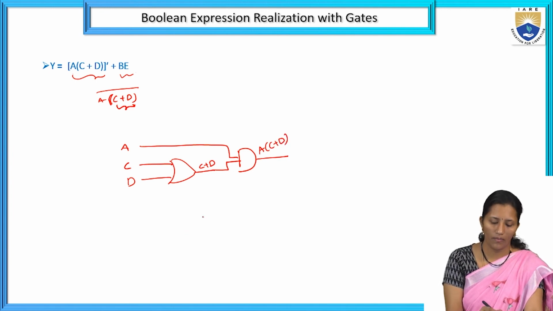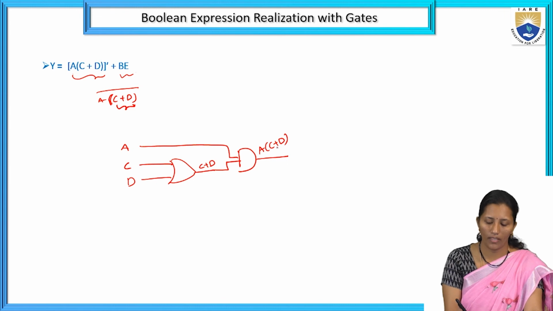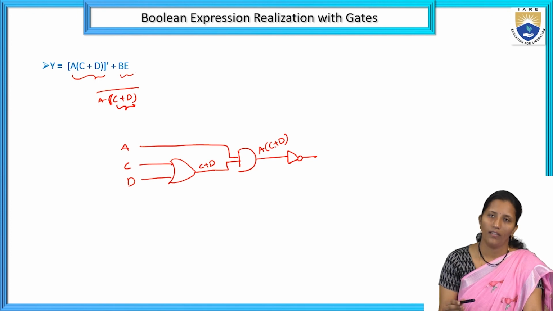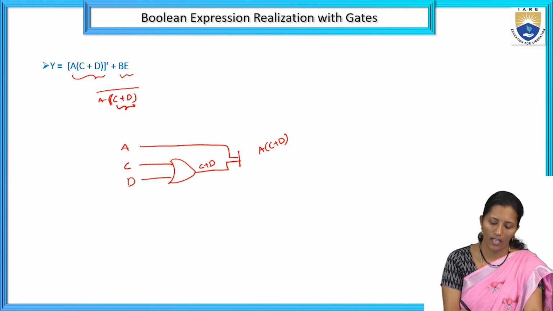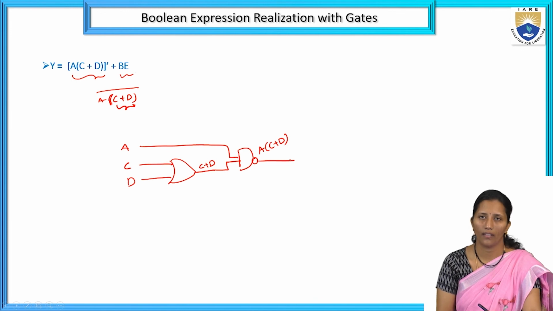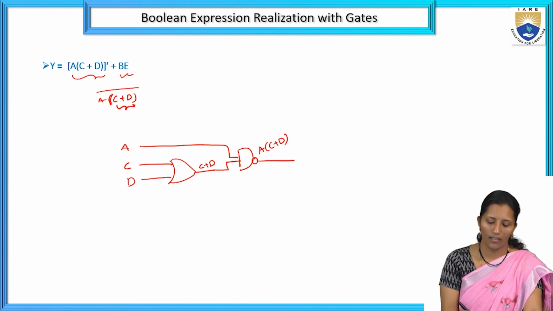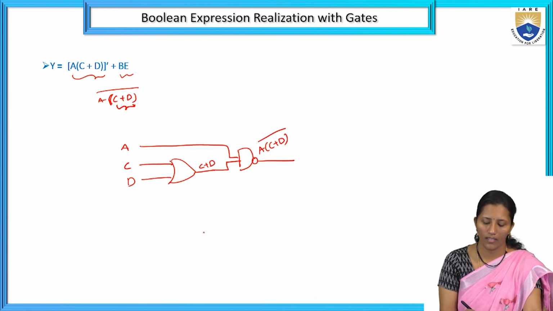But we have to get the complement of that. Either use a NOT gate here, or directly give this to a NAND gate. AND plus NOT is a NAND gate, so here we can directly draw a NAND gate. The first term is A into (C plus D) whole bar.